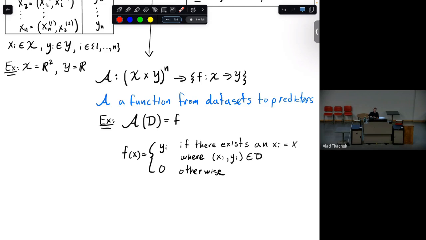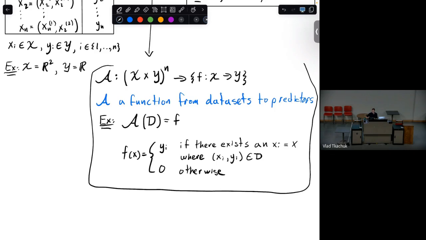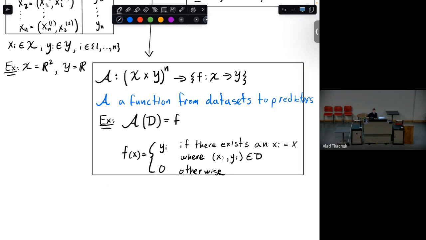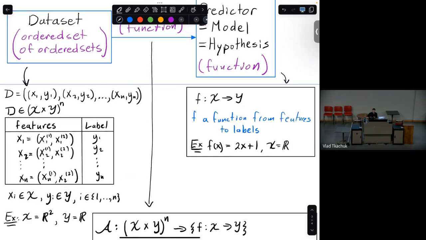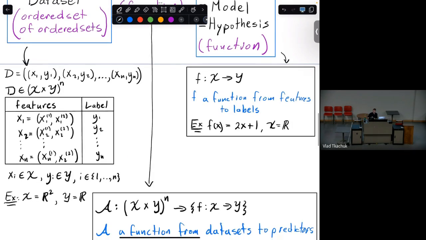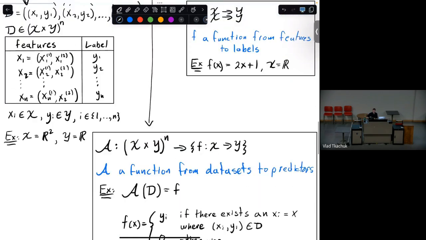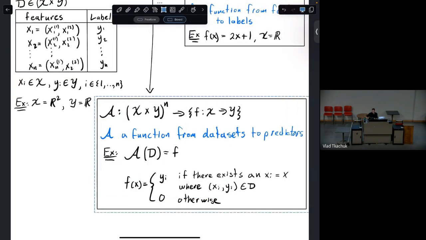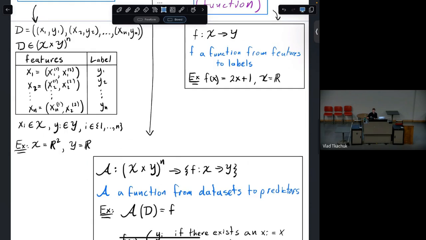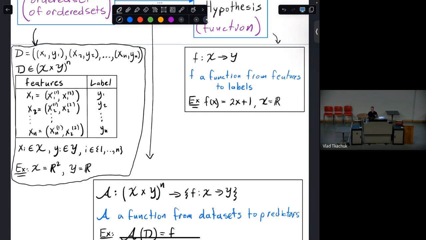Okay, anyways, the point is there's these 3 objects, right?